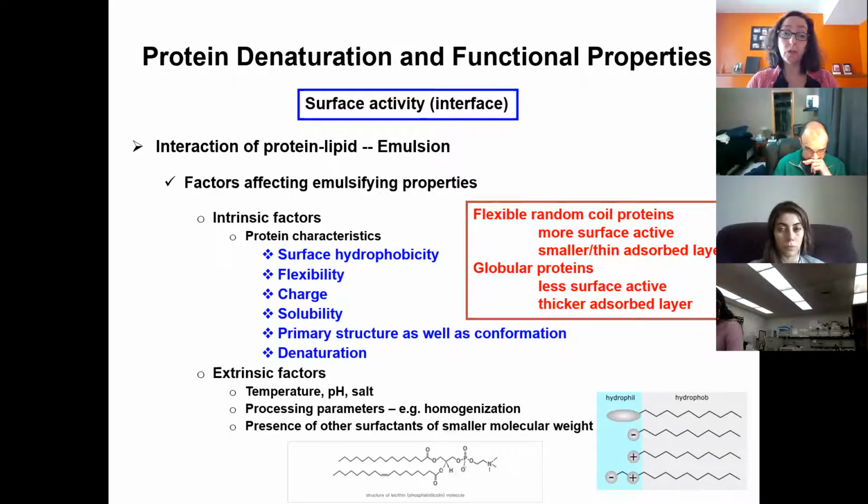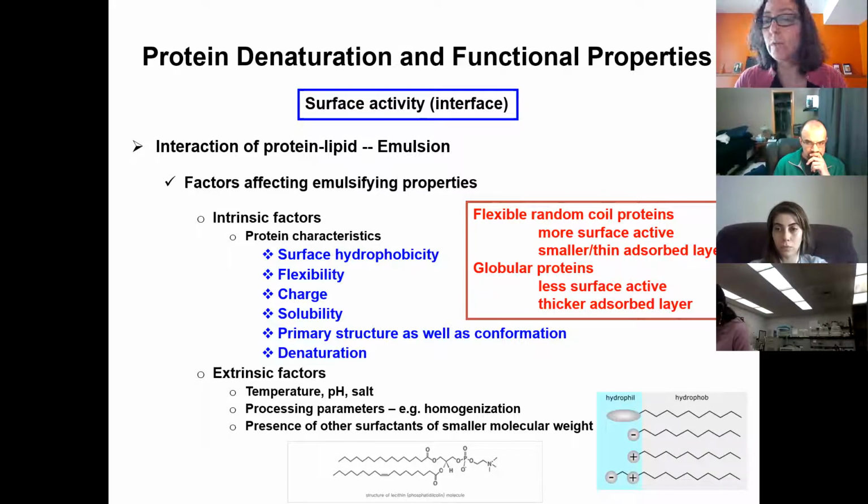Like I said, we can change extrinsic factors to get a better emulsion. In the lab, for example, we test proteins under specific conditions just to compare them. But if I'm really targeting a stable emulsion with my particular protein, then I want to work with my environmental conditions and see what I can do to enhance the emulsification properties of that protein: change the pH, add salt, work with the homogenization, homogenize more or less.